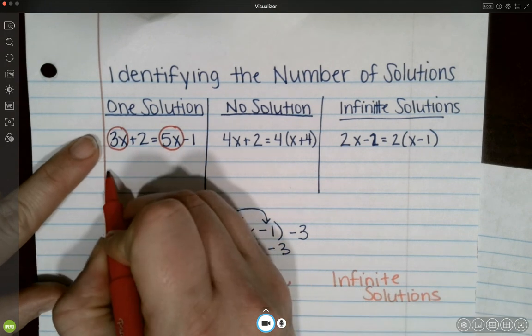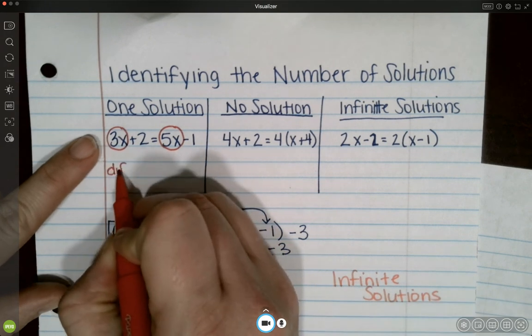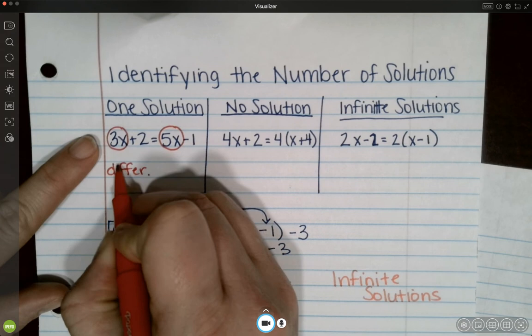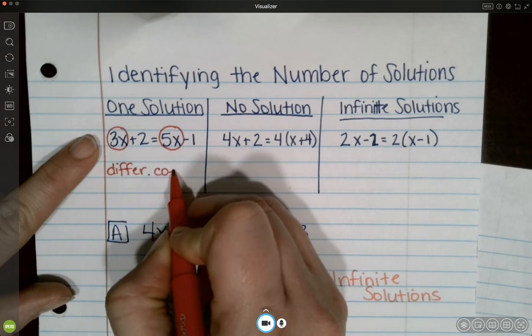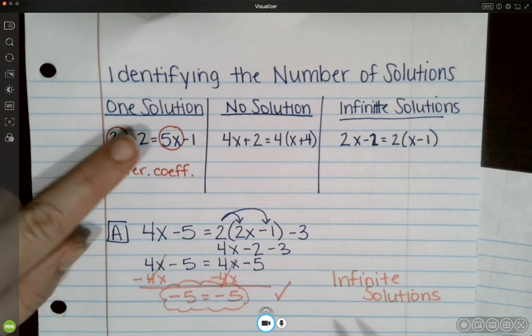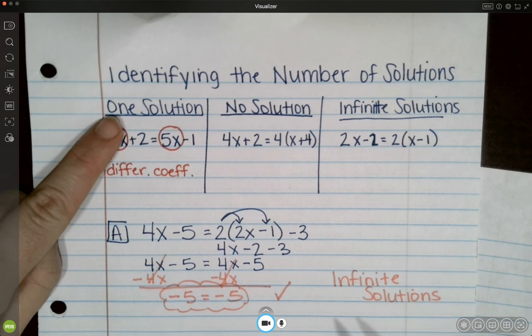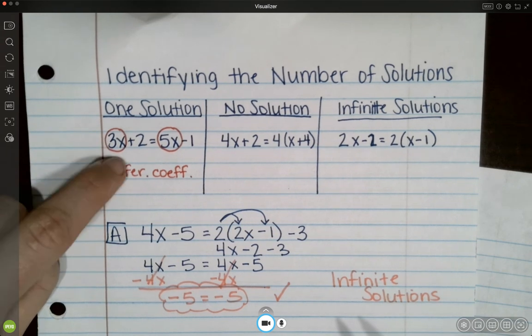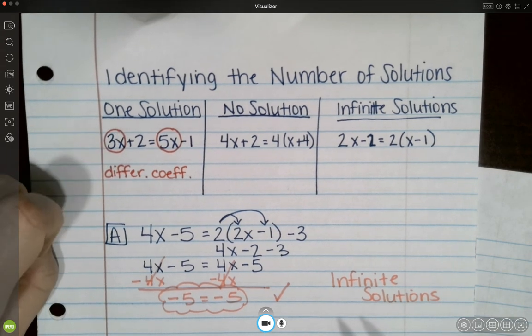So we have different coefficients. The moment these are different, it is automatically one solution.